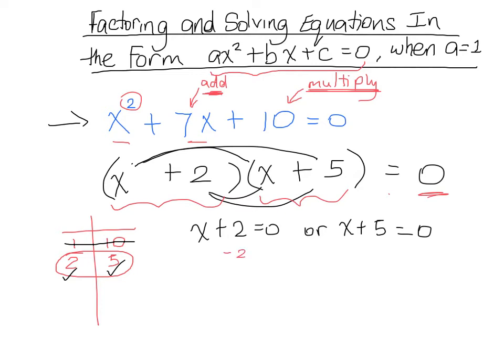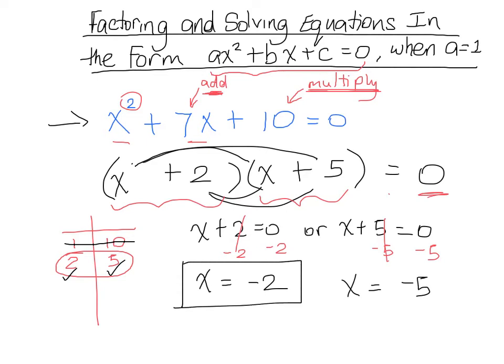We subtract 2 from both sides to isolate the x, and we get that x is equal to -2. On the other side, we subtract 5 from both sides, and we get that x is equal to -5. Both are our answers. In many quadratic equations, you will end up having two answers.